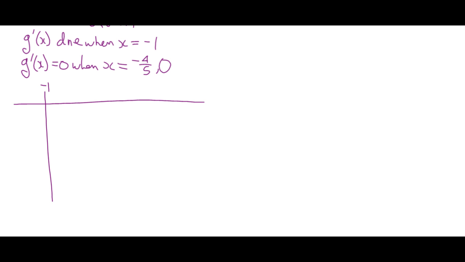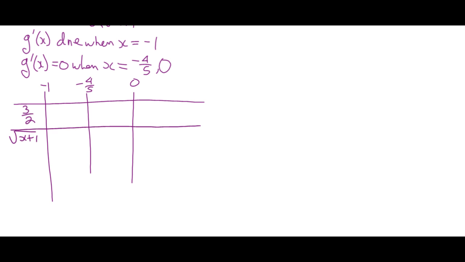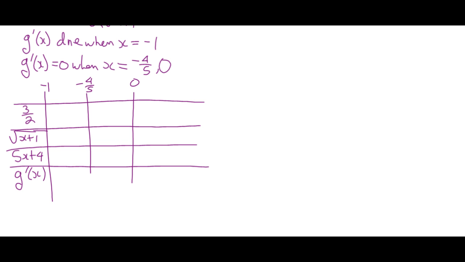So we've got -1, -4/5, and 0. And factors, so we've got 3/2, a root x plus 1, and a 5x plus 4, taken all together, which will give us the sign of g prime of x, which will tell us the behavior of g of x. All right, so I'll do the easy one for you.